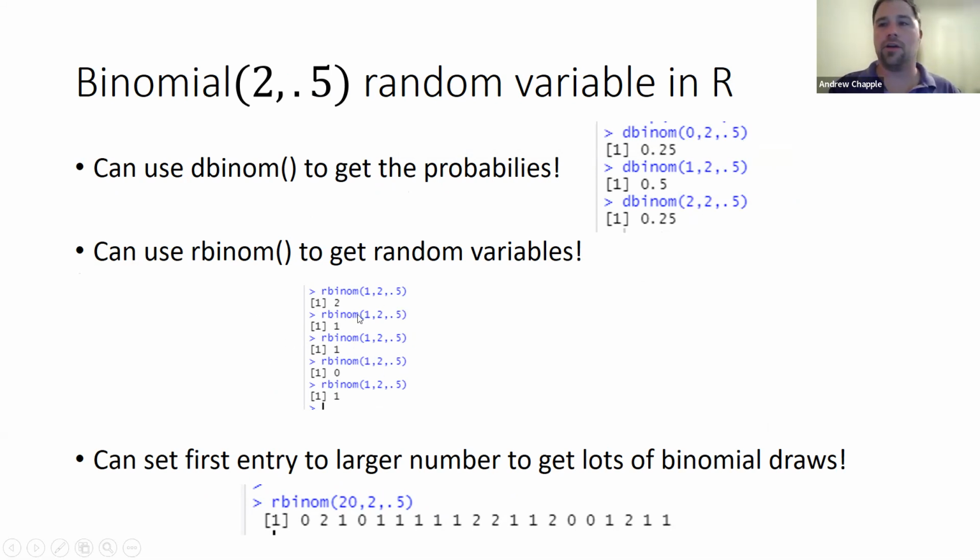Now I can also generate a whole lot of binomial random variables. All I need to do is change this first number, which is 1, which is how many I want to generate, to a larger number. So maybe I change it to 20 here. These are 20 different sets of this experiment. The first time I got 0 heads out of 2. The second time I got 2 out of 2. The third one I got 1 out of 2. The fourth time I got 0 out of 2, et cetera.